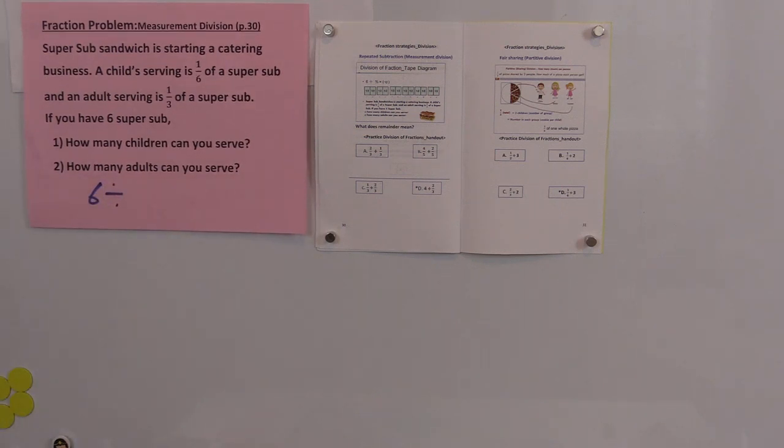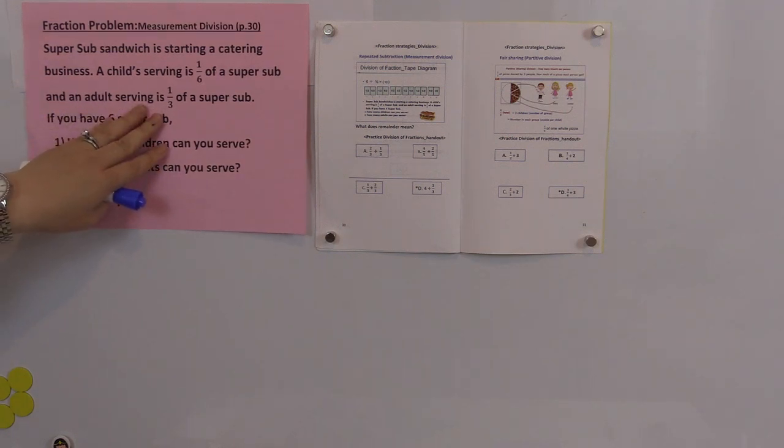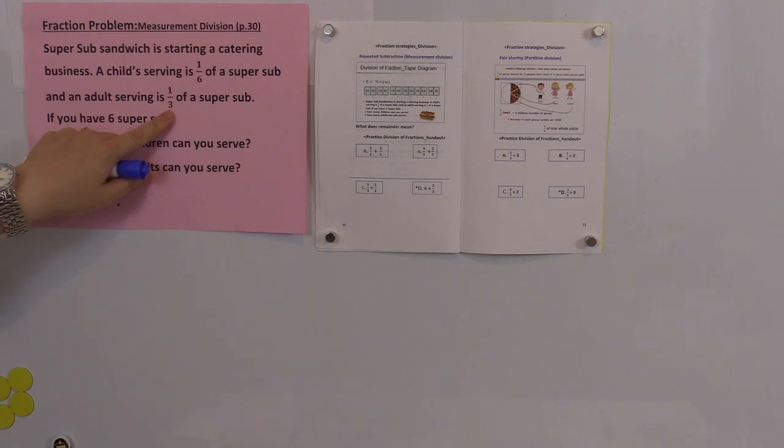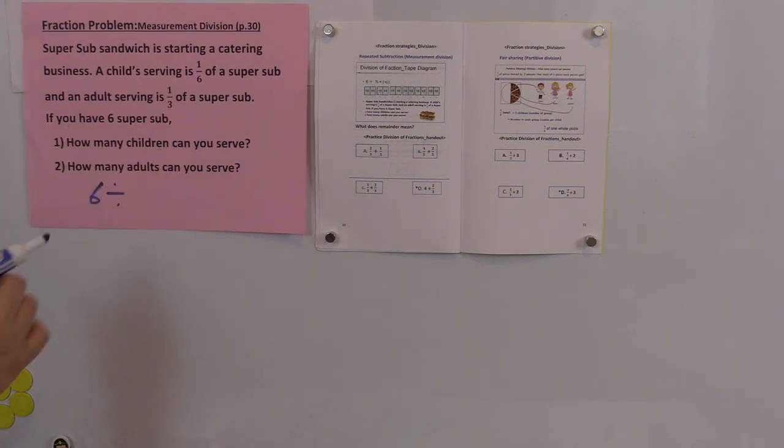And I want to serve these 2 kinds of people. So first, think about the adult one first. An adult serving is 1/3 of a super sub, right? So do you know the number of groups or the number in each group? Yes, we know the number per person, the number in each group. For an adult serving, we know 1/3 for each group.